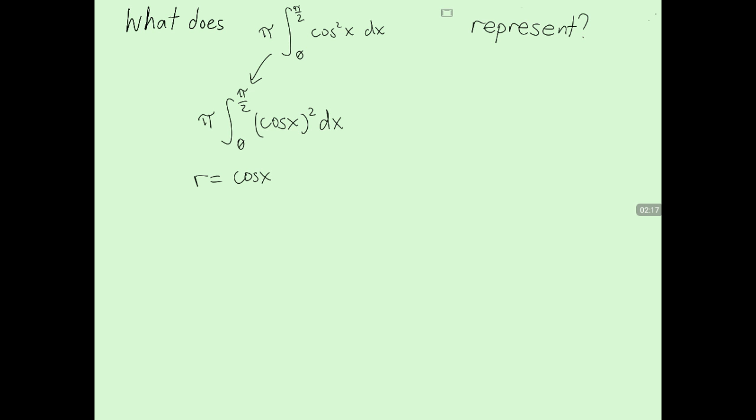Now this is what we're going to use to rotate the function across the x-axis. So if we were to draw the function, we have our x be the horizontal axis and y be the vertical axis. If we have our function cos x here, then what we're going to do is have our r be cos x wherever it is on the graph.